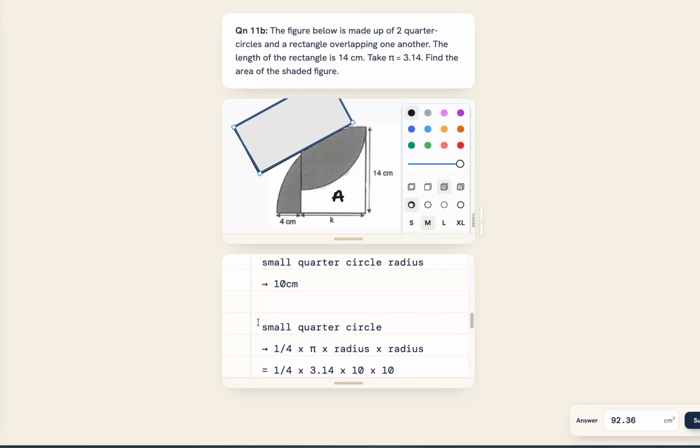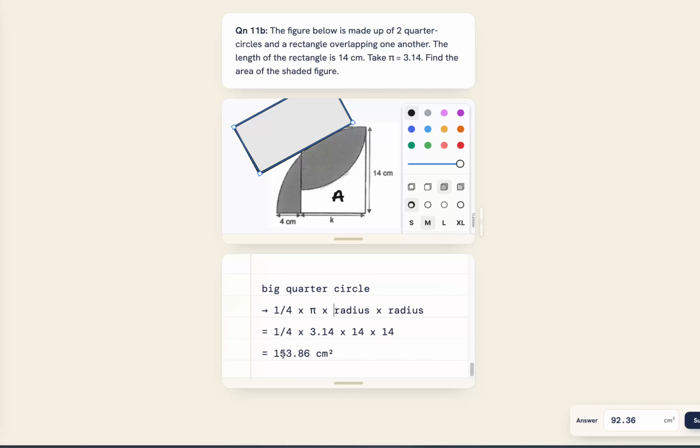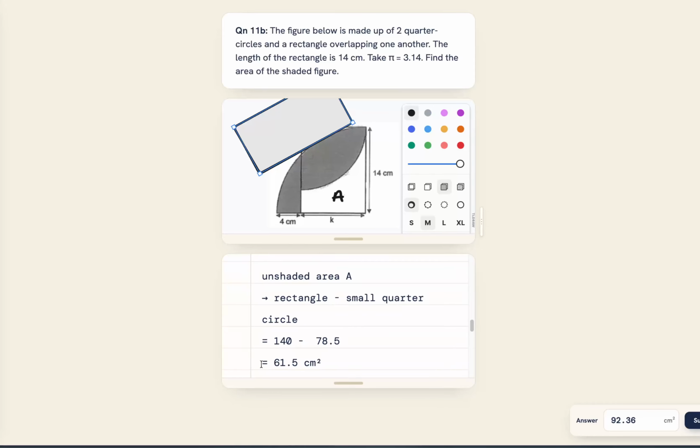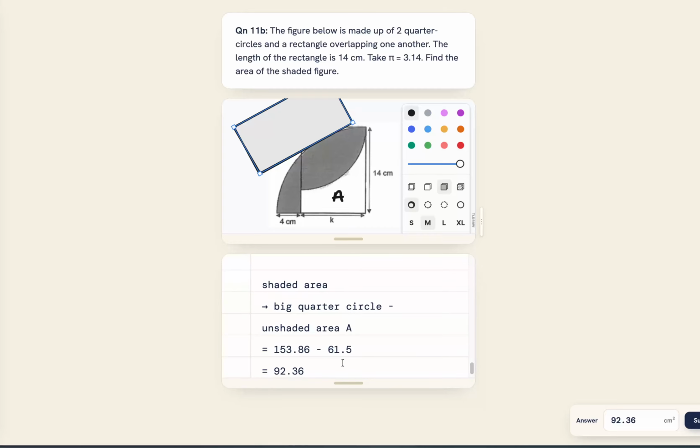That means the big quarter circle is 1 quarter times pi times radius times radius, and this will give us 153.86 centimeters square. So the shaded area would then be the big quarter circle, which is 153.86, minus the unshaded area A, 61.5, and this would be 92.36 centimeters square.